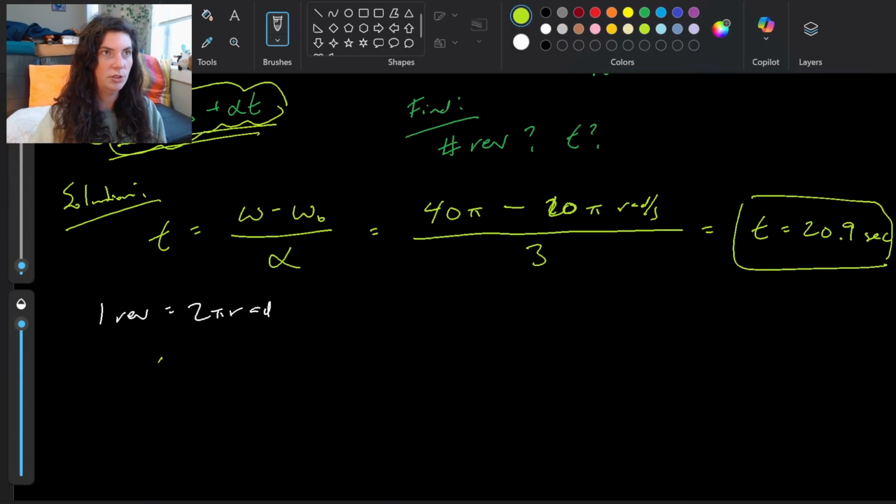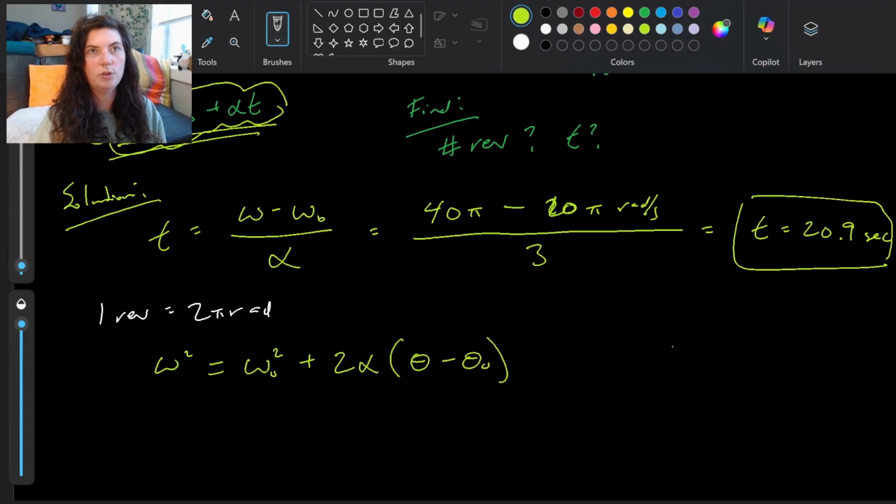There are 2 you can use. You can use omega squared equals omega naught squared plus 2 times alpha times theta minus theta naught, or if you want, theta equals theta naught plus omega naught times t plus 1/2 alpha t squared.